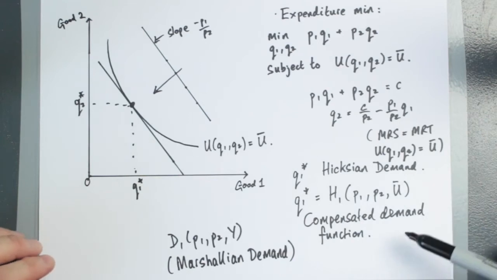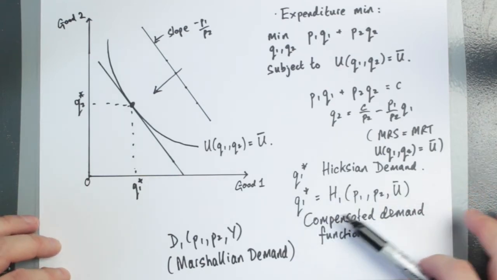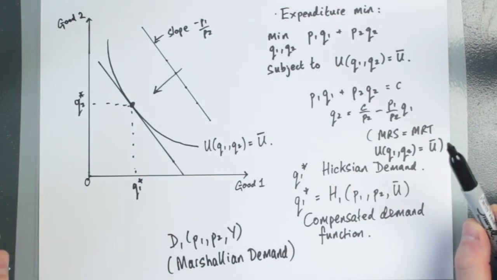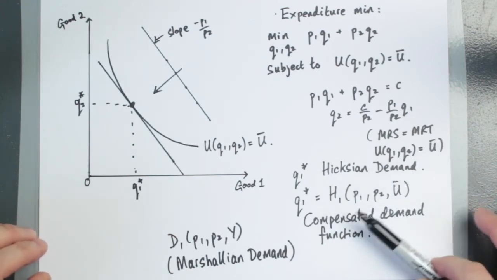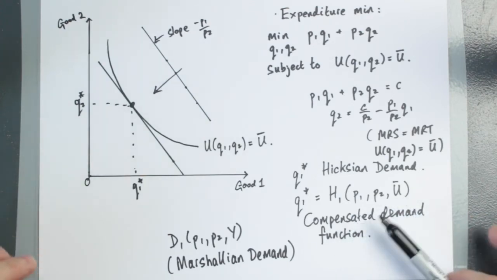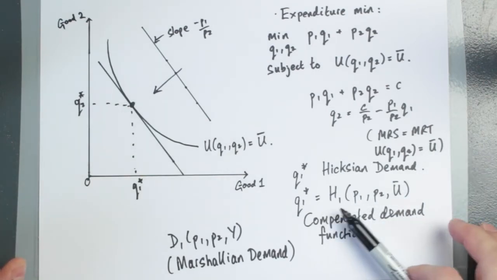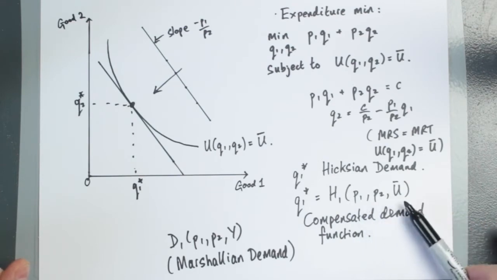You can see the sense in which it's compensated in a minute, but it's because this only captures the substitution effect. So there's no income effects going on here because we're fixing a target level of utility. So in a sense, we're compensating, we're changing the consumer's income for each price level in order to fix utility at a given level.